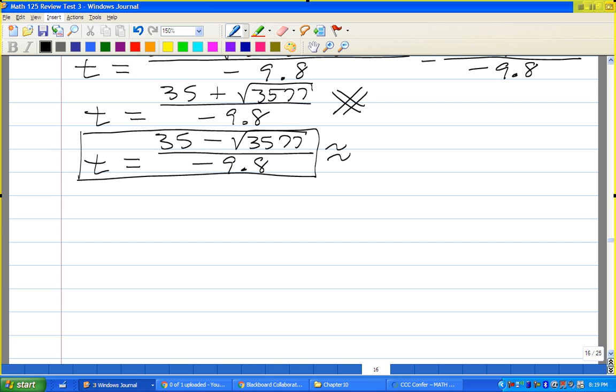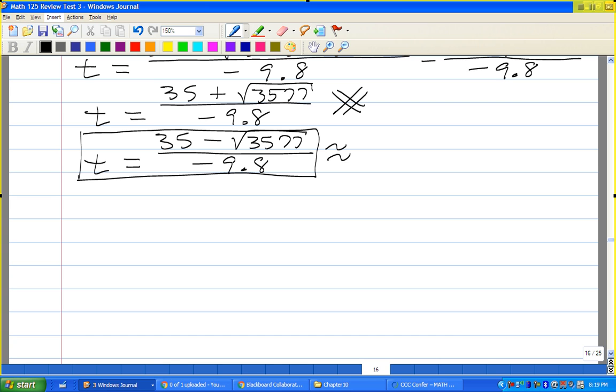And so if you subtract those, you get approximately a negative 24.80802622. Let's divide that by a negative 9.8.